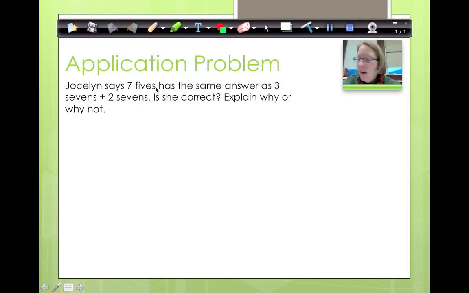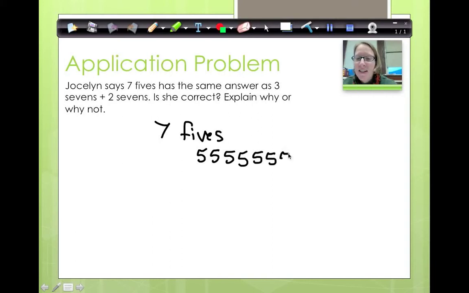What is 7 5s? 7 5s would be the same as 1, 2, 3, 4, 5, 6, 7.